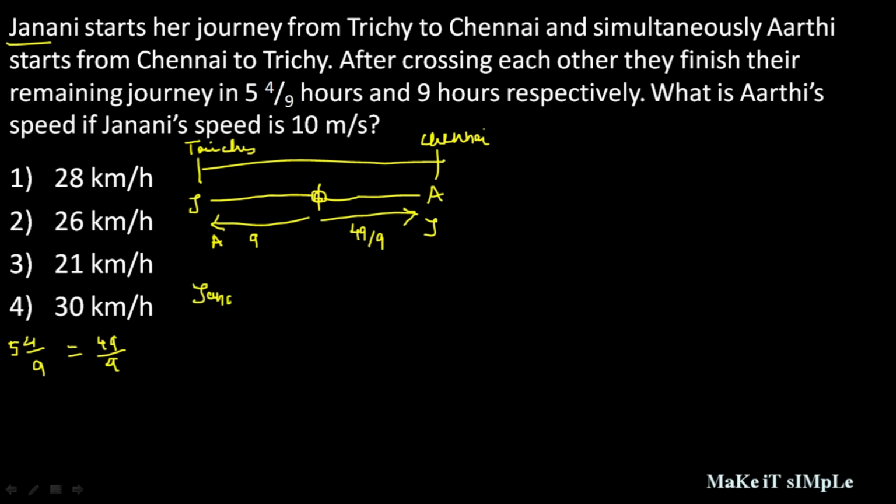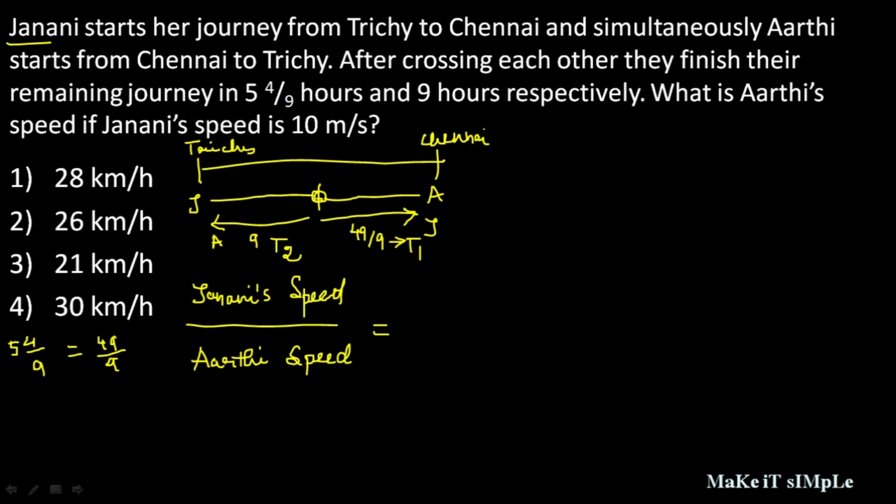So how we can write is Janani's speed divided by Aarti's speed. We can take it as speed 1 and speed 2. The time taken by Janani, that is 49/9, is T1, and Aarti's time will be T2.